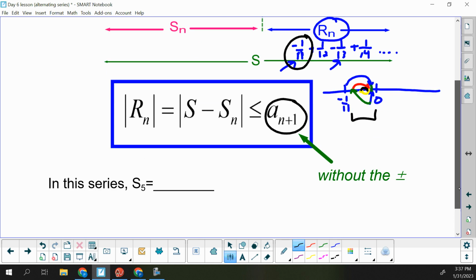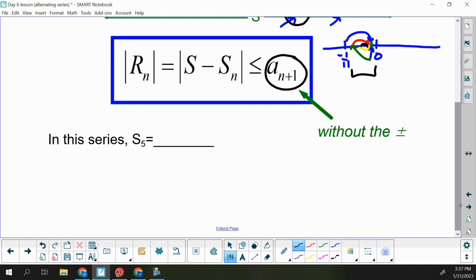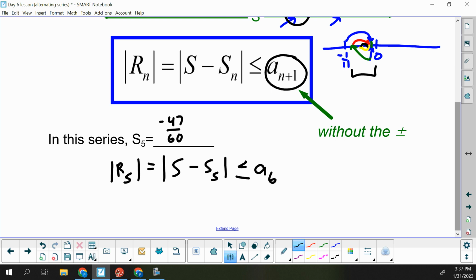So in this particular series, S5, the sum of the first 5 terms, would be negative 47 over 60. So that means that the absolute value of our remainder of the 5th term, which is the same as saying our infinite sum minus the sum of the first 5 terms, is guaranteed to be less than or equal to the value of the 6th term.